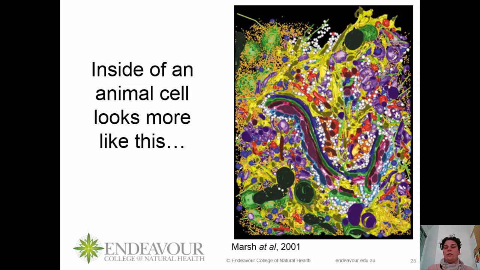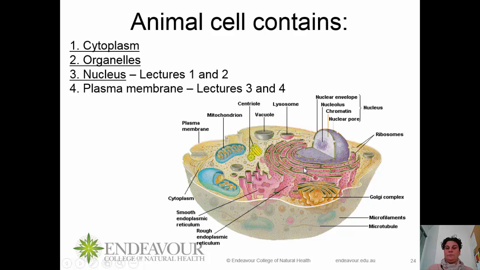And what they found is chaos. So the cell, while we are talking about a cell in terms of very ordered bits and pieces inside in a very nice way, the inside of the cell is actually a mess, and it looks a lot more like this than like that.